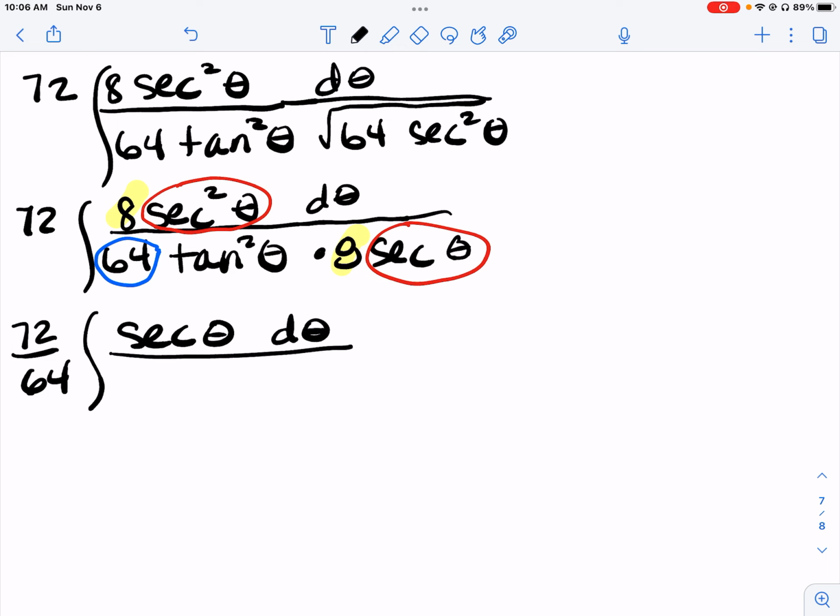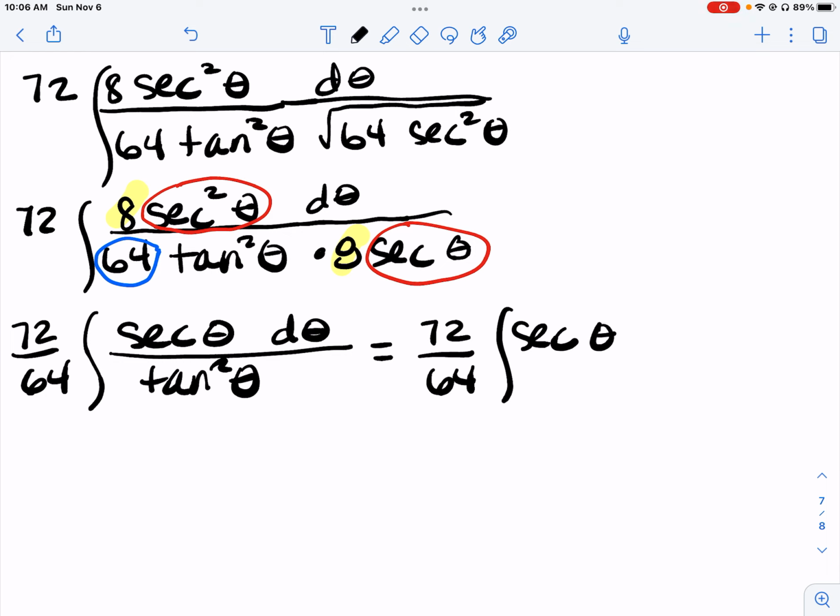And I've got divided by the tangent squared. I'm going to rewrite that as secant of theta times cotangent of theta, because cotangent's 1 over the tangent.